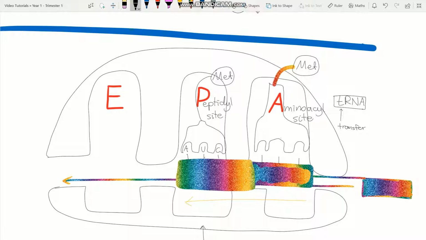Now, instead of methionine, there may be another amino acid that is coded for by this particular codon. Say, for example, we had UCA. This codon codes for alanine. Now, the complementary anticodon sequence for this would be AGU.